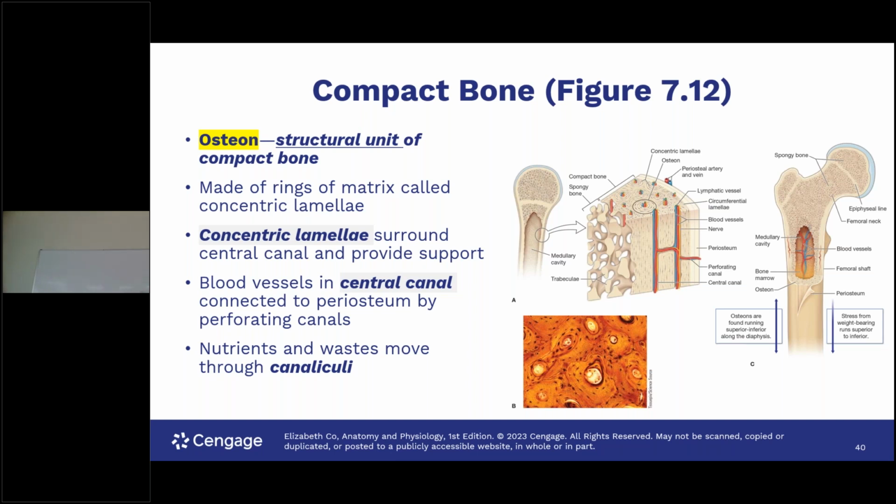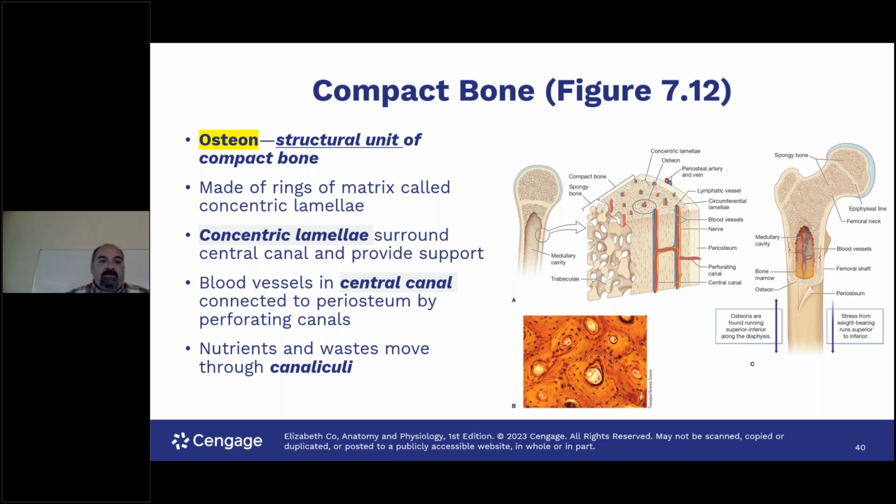Here's another one. Now look at this, right? So you have like one here, right? That hole is the central canal of the osteon. The rings, so you see where it says here, concentric lamellae? So they are composed of concentric lamellae, these layers of bone. Does that make sense to you? Right? Layers of bone.